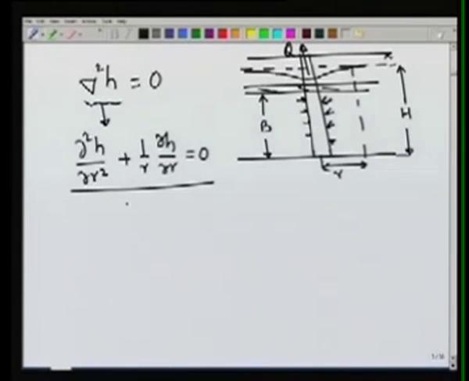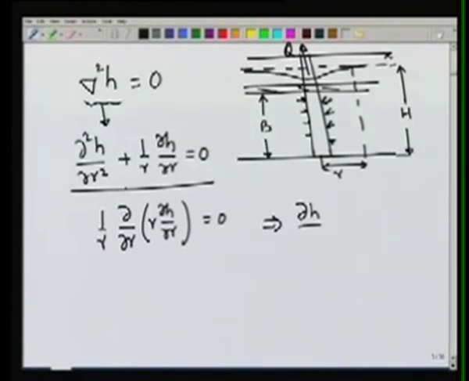To solve this equation, we can write this as one over r del by del r of r del H by del r equal to 0, and this implies that partial of H with respect to r will be equal to some constant over r, because from here we can say that this will be a constant because its derivative with respect to r is 0.